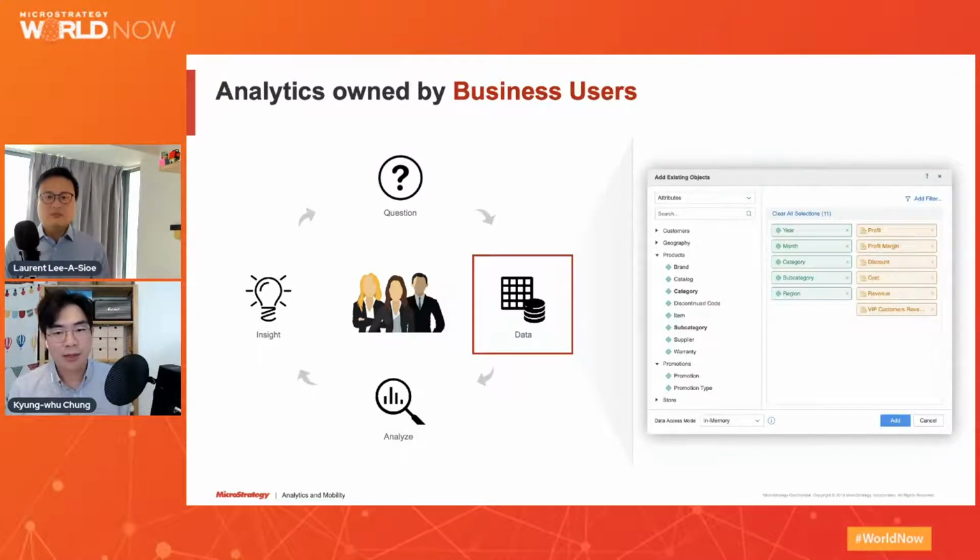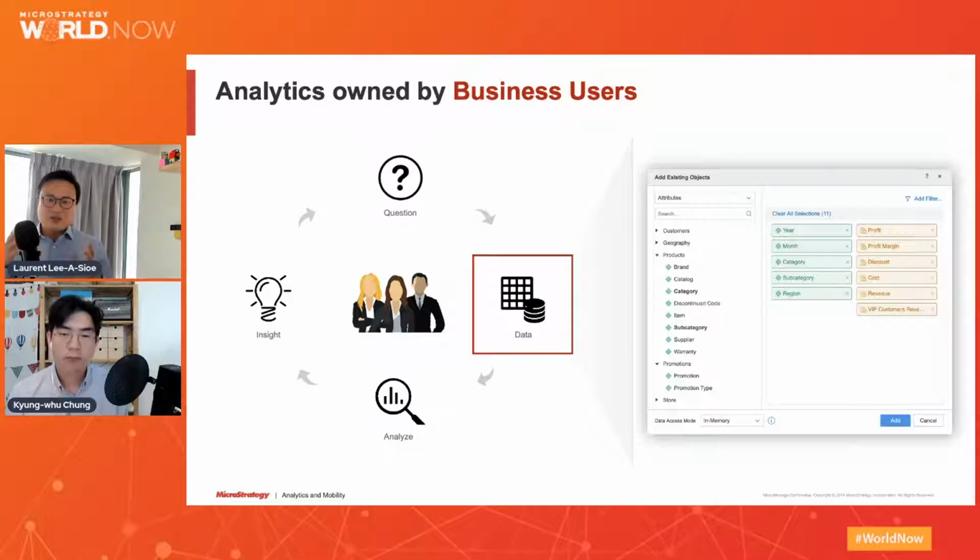I can simply get the data, and then I can simply modify the data, so I can own the entire cycle by myself. So now that IT has built the semantic layer, the business users can take advantage of that and save and create as many dashboards as they need without having to recreate all the rules and everything.